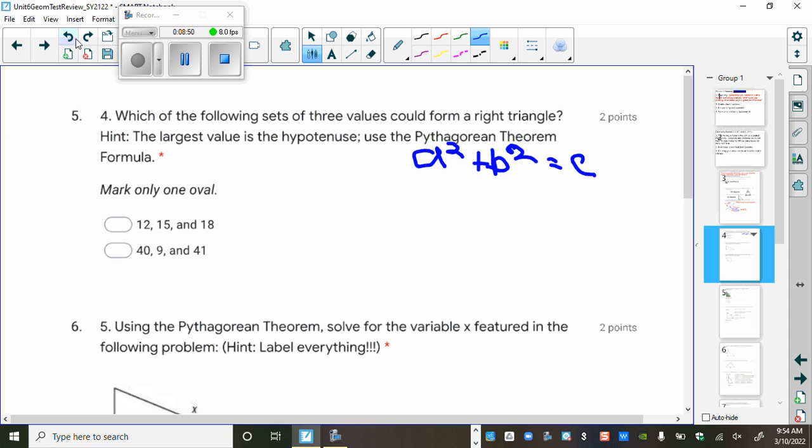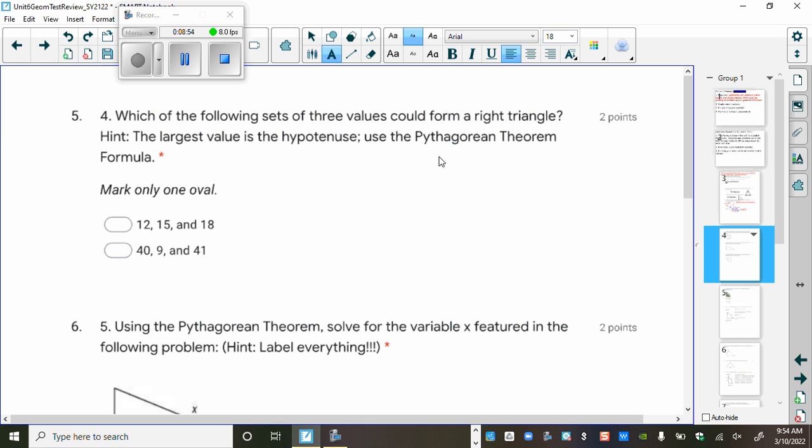I'm just going to type it in. The Pythagorean theorem is a what? A squared plus B squared equals C squared. Good.